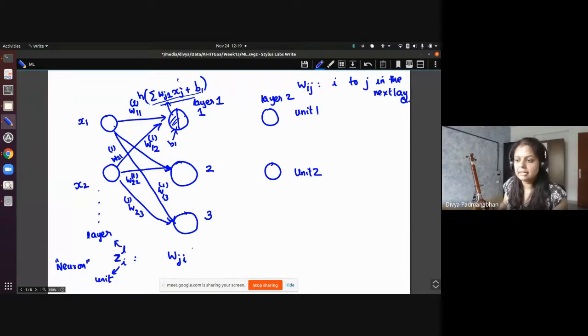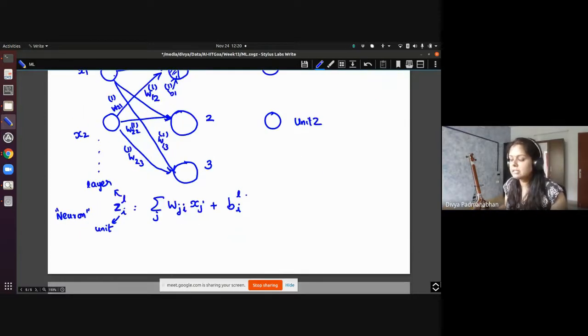That is W_ji and x_j. You take this product and sum it up over everything in the previous layer, plus a value b_i, so b_i for each neuron. So this is b_1, this is b_11. This is one value that you get.